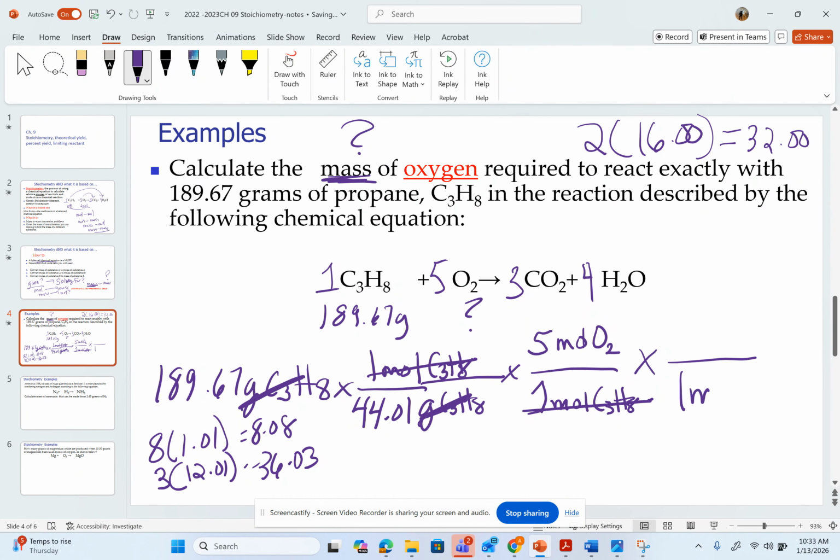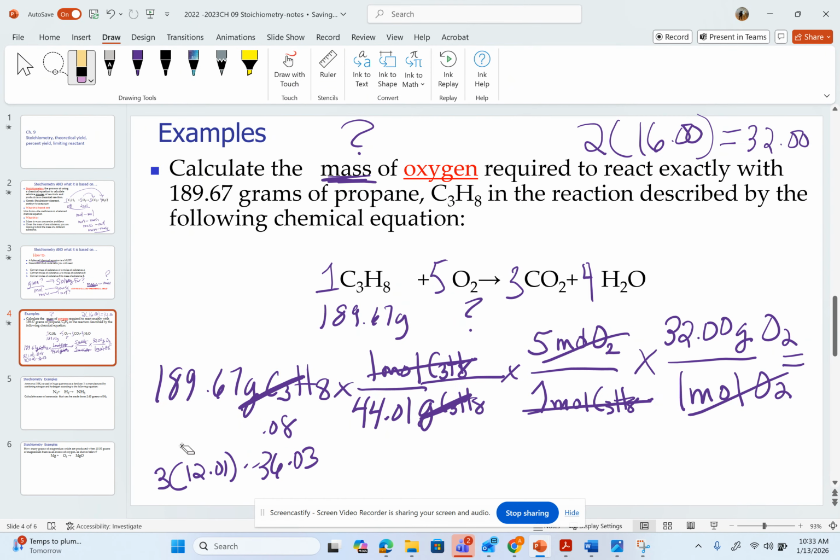I'm going to say 1 mole of O2, I just calculated it, is 32.00 grams of O2. Moles are gone. Now, I myself, I like to set up the problem, and I like to do all the multiplication at one time.